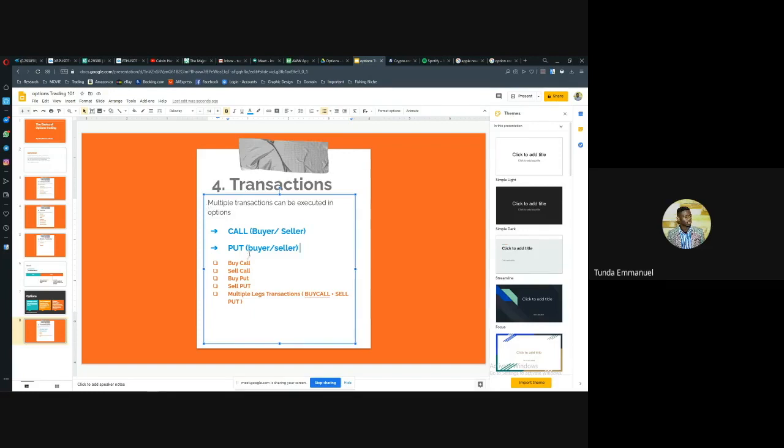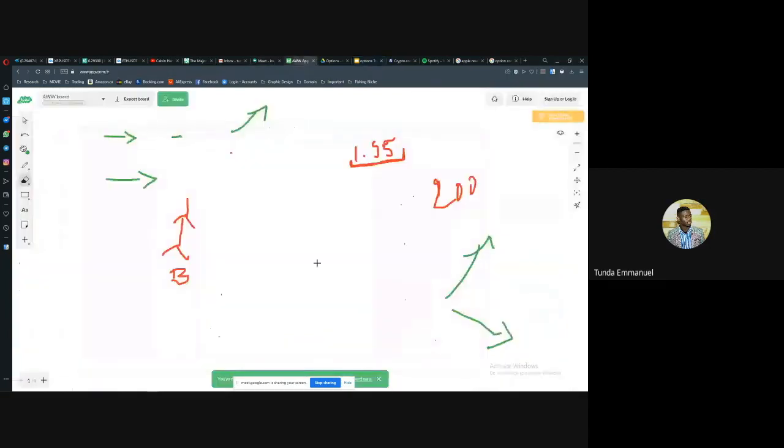And another thing for options is that you can exercise multiple transactions, or what we call multiple legs transactions, for the same stock. So, for example, you can buy a company here.